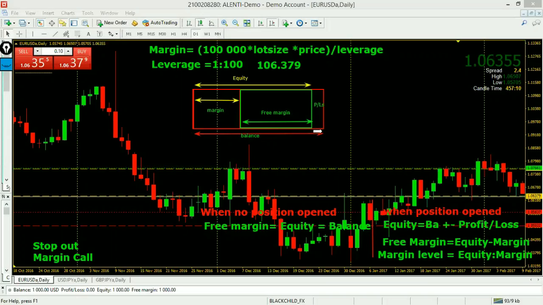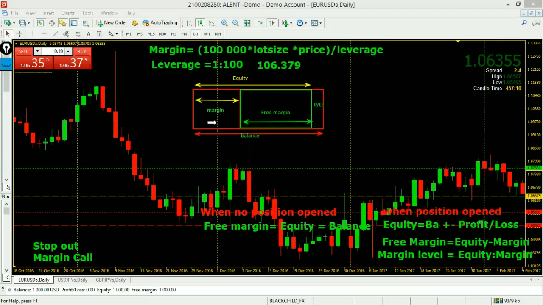When you open a position, your equity and your free margin will start to fluctuate. Your equity will be your balance plus or minus the profit and loss, and your transaction will start at a loss, which is the spread. So your equity will be from here to there.